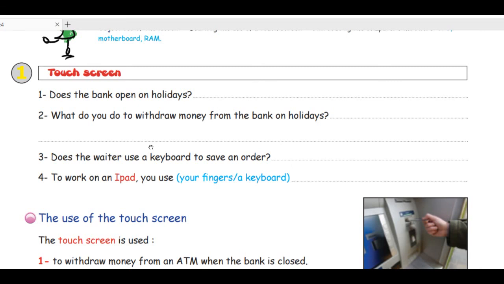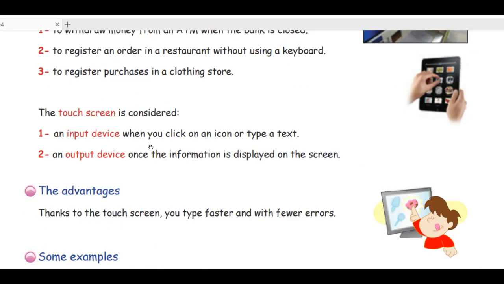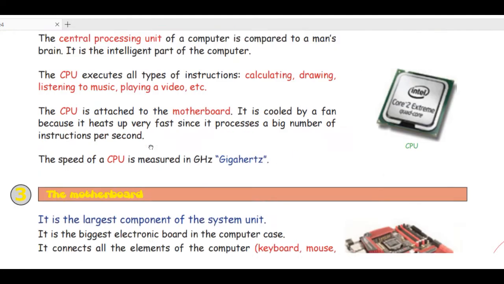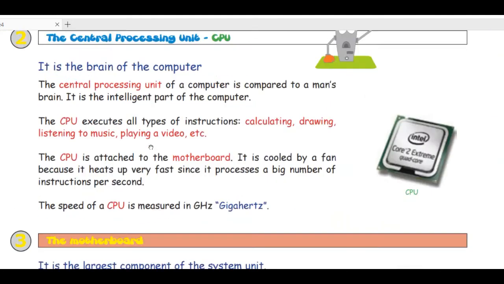Feel free to ask us about it in order to send it to you. From your side, you can attach it to your students. Your students will fill it in and send it back, in order to make sure that they memorize important information concerning the touch screen, the CPU, the motherboard, and the RAM.